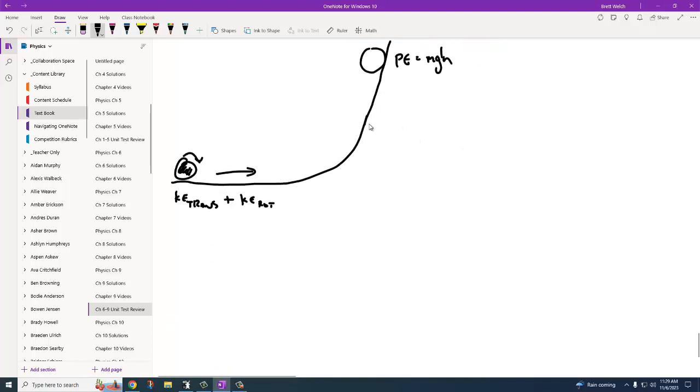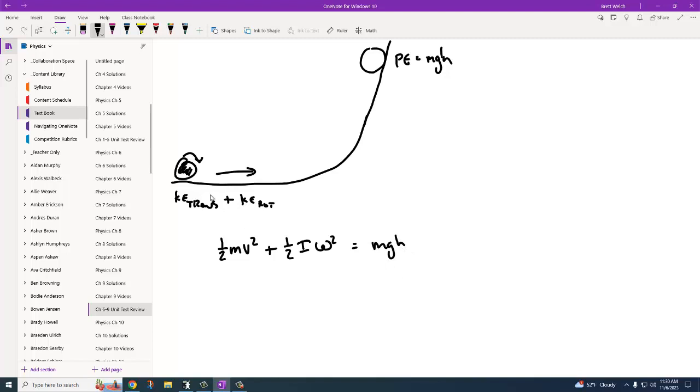All right, so there's some information that we have to have. First, these kinetic energies will equal the potential energy at the end. So 1/2 mv squared plus 1/2 I omega squared, the formula for rotational. Those are our befores. Afterwards, we're going to equal mgh.